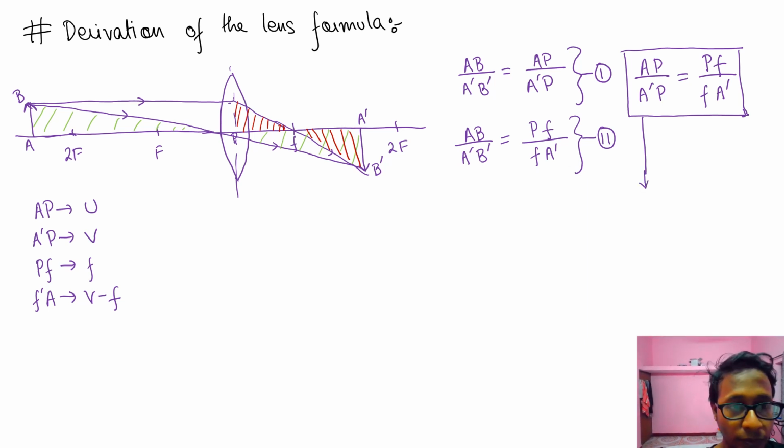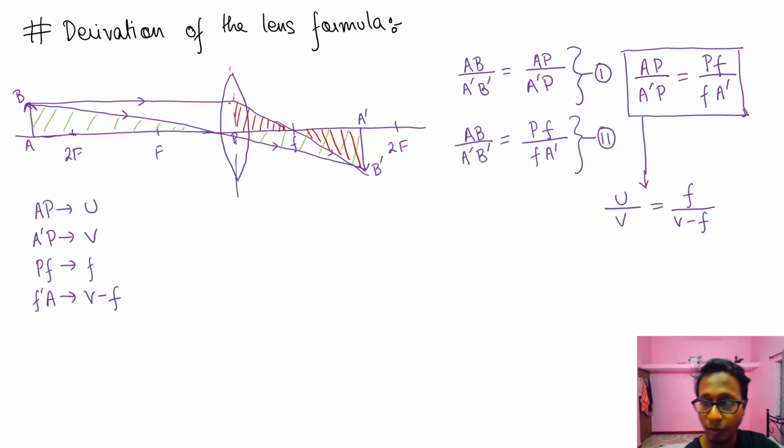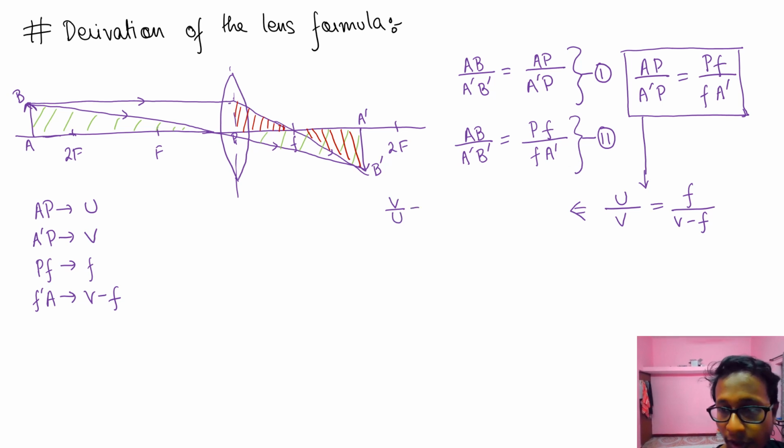AP is nothing but U, by A dash P, which is nothing but V, is equal to PF, the focal length F, and F dash A is nothing but V minus F. Now if you cross multiply, or I'm inverting the entire thing, inverting left hand side and right hand side, V by U is equal to V minus F by F.